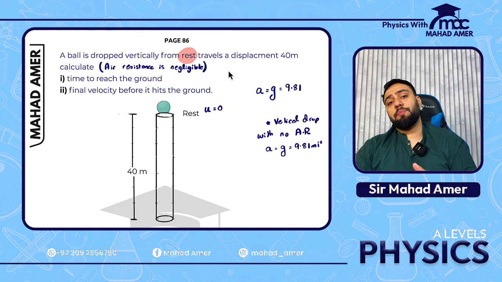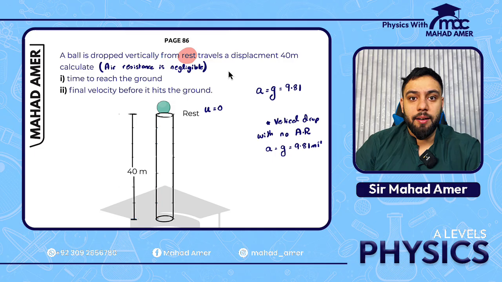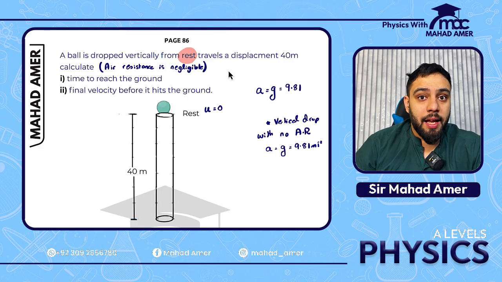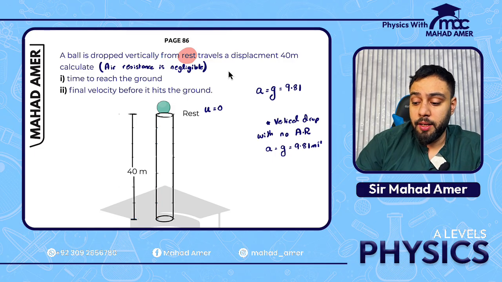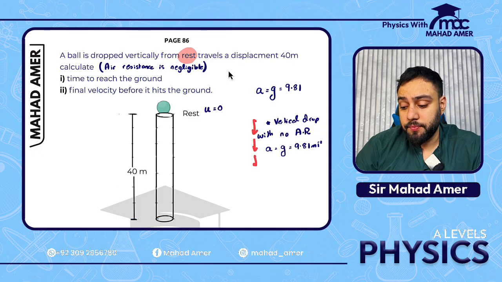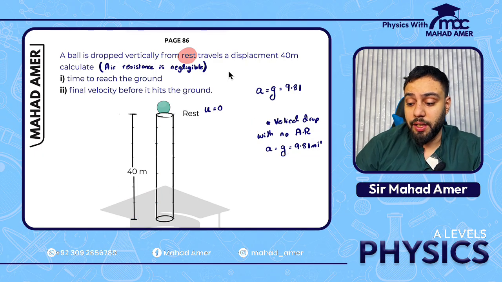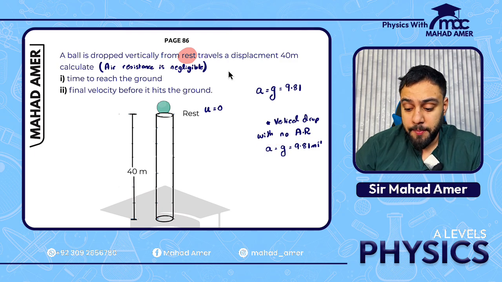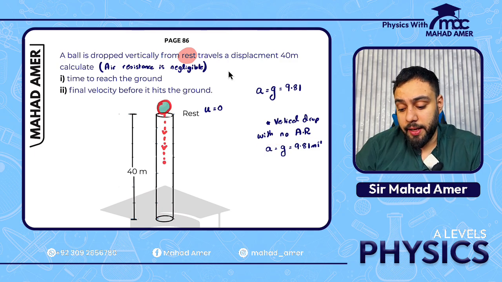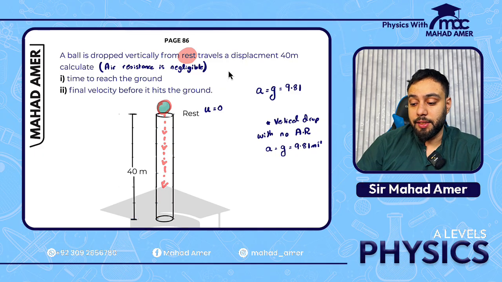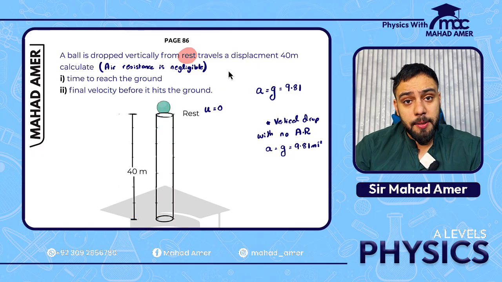Whenever something is being dropped in air, you have to understand that the particular object is going to be dropping with acceleration that will be equal to 9.81, which is equal to acceleration due to gravity. So if there's a ball that is being dropped, this ball would have acceleration that will be equal to 9.81.